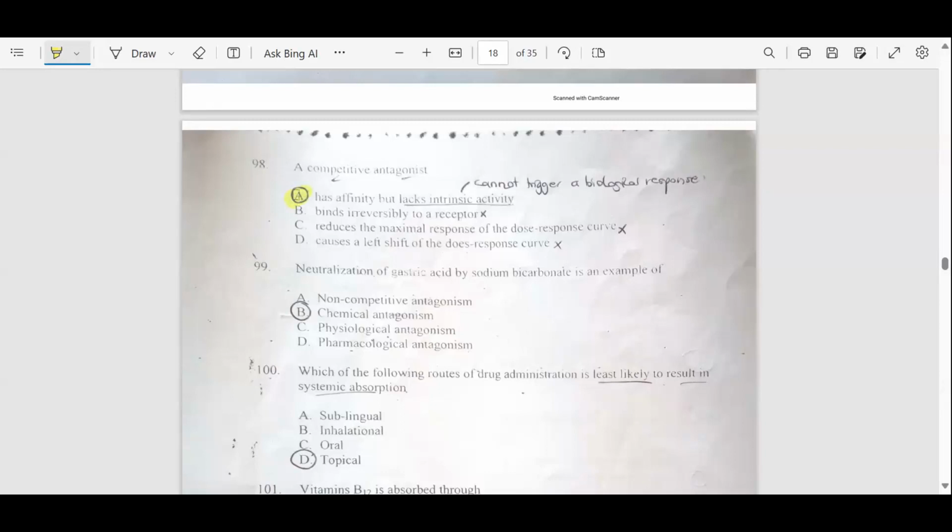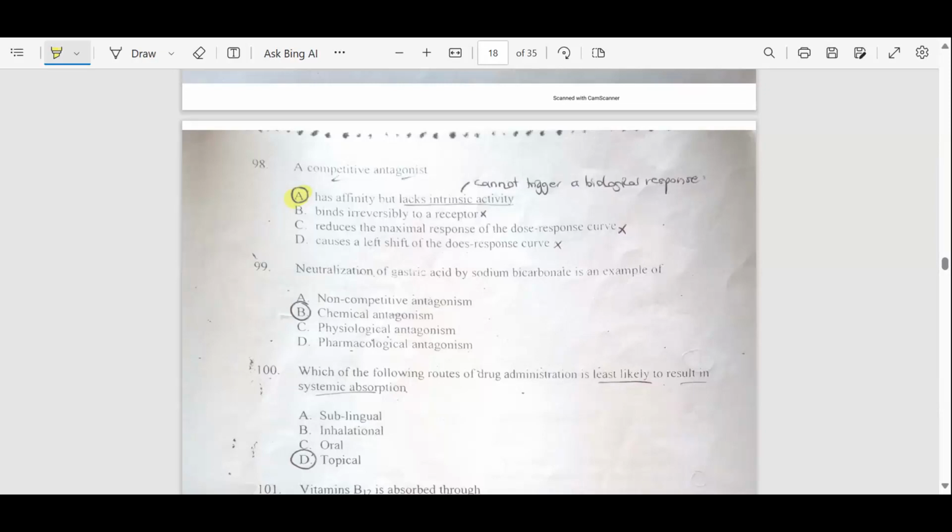We know once salbutamol binds to the beta-2 receptor, it will elicit a response. This response is bronchodilation. But once a beta blocker such as metoprolol binds to the beta-1 receptor in the heart, it does not elicit any activity. All it does is inhibit binding of the endogenous ligand.